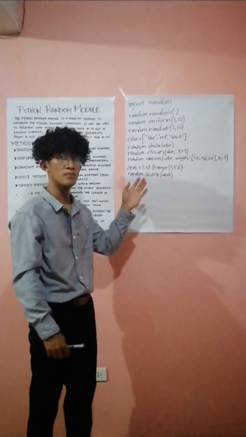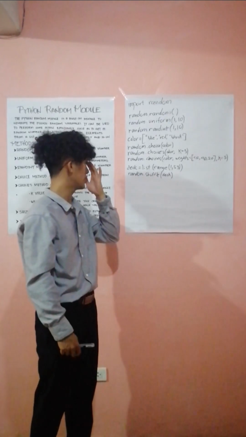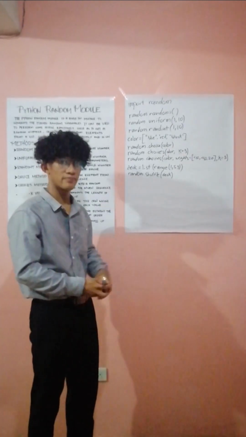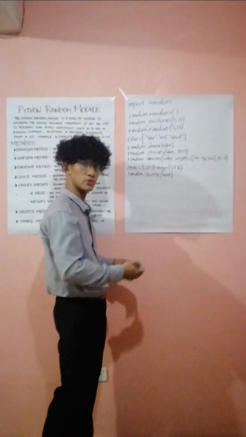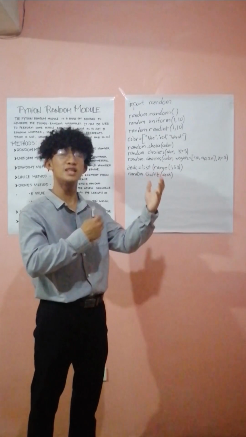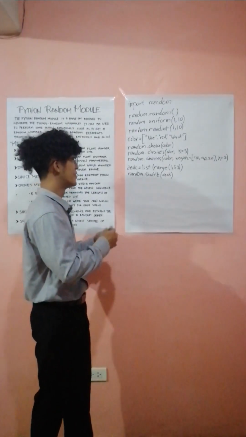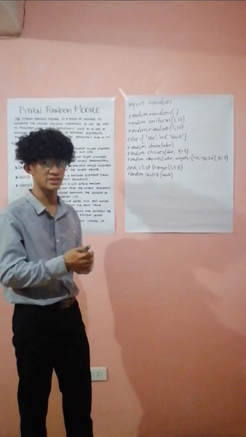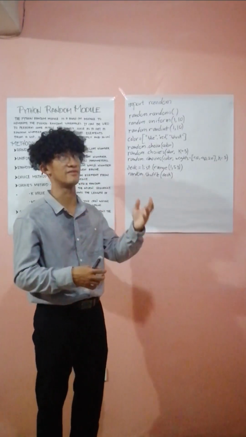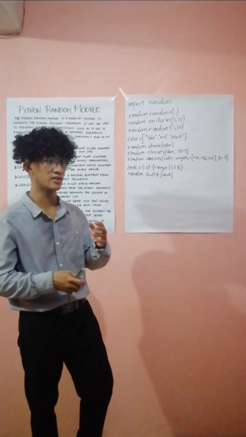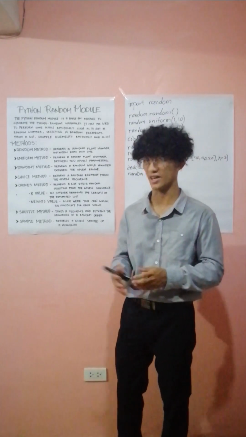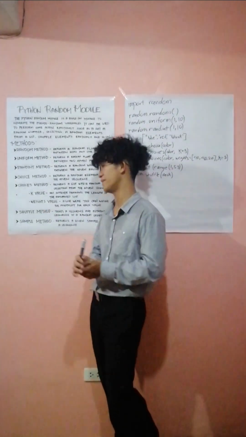But if we use random.shuffle(deck) and we print it, it will shuffle the 1 to 52 set of cards into a shuffled list, which means the cards are randomly arranged. So it can be 4, 7, 27, 40, 52, 10, 2, and so on. So in short, it will shuffle the deck of cards. So that's how the shuffle method works.